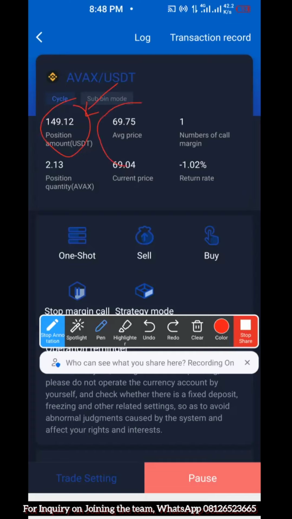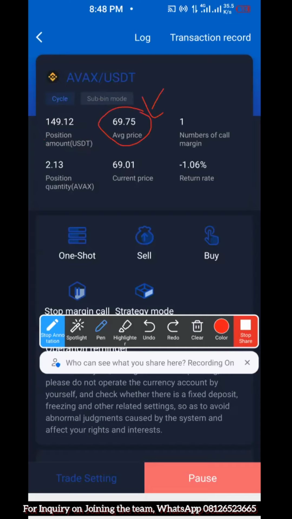Now this average price, what this average price means is this is the point at which I entered. So as much as possible, we're always desiring to enter at a low price. And the idea behind trading is buy it at a low price and sell it at a high price. You cannot, as a business person, buy a bag of rice, I don't know how much a bag of rice is right now, but let's just say 20,000, buy a bag of rice for 20,000 to sell at 10,000.